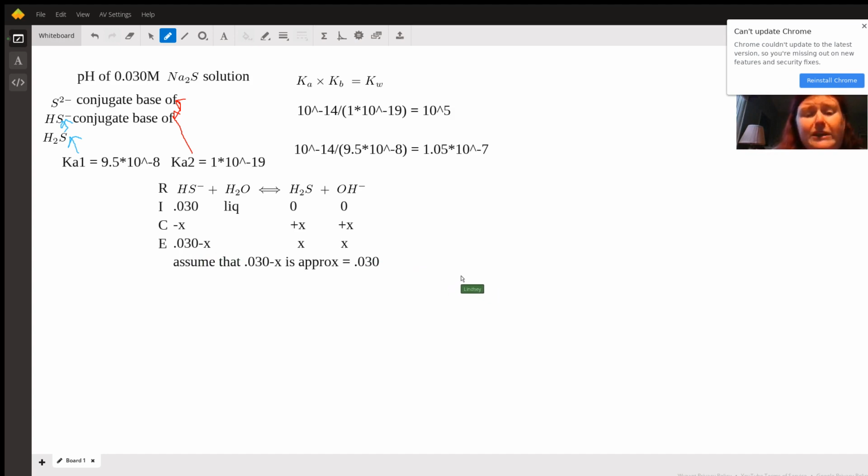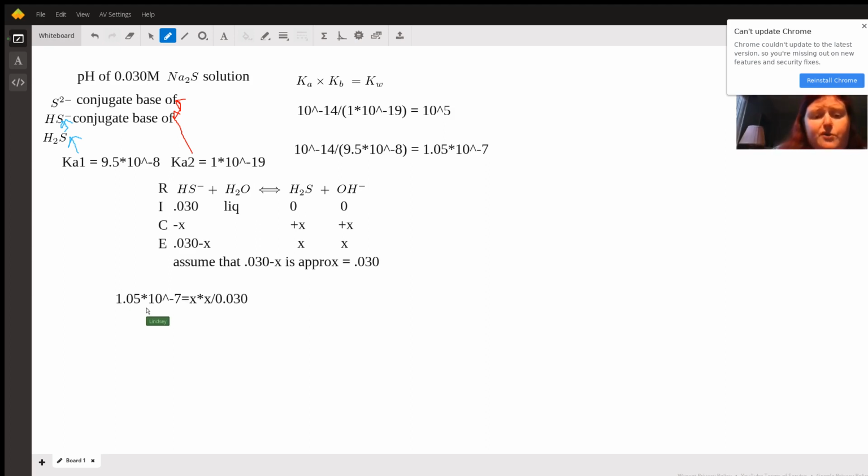So now we need our equilibrium expression. If you're asking this question, I'm assuming you already know how to construct that. So you shouldn't be surprised to determine that we end up with 1.05 times 10 to the negative 7 equals x times x divided by 0.030.